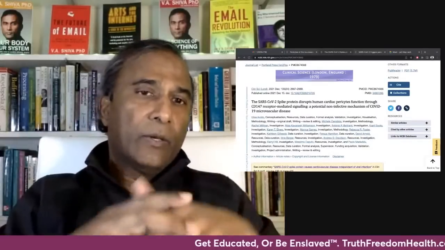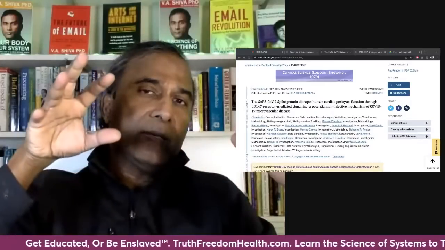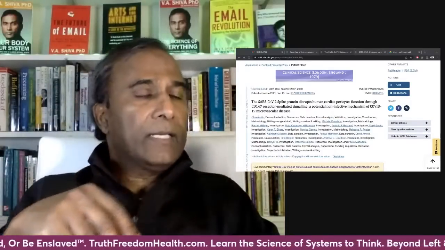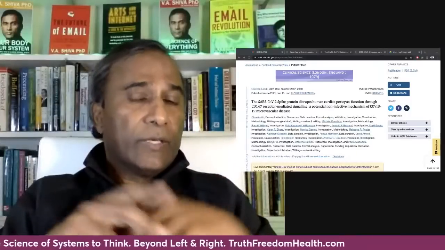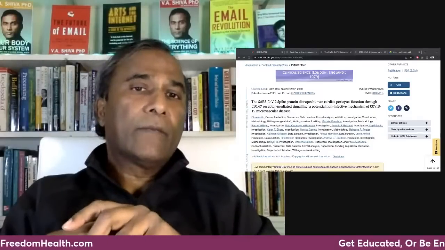So in the brain pericytes, the ACE2 receptor is affected, but in the heart pericytes, the CD147 receptor is affected. And in this case, what they shared was that the spike protein landing on the cardiac pericytes resulted through processes, through inflammation and the likely upregulation leading to cardiac vascular thrombosis, essentially blood clots, okay?